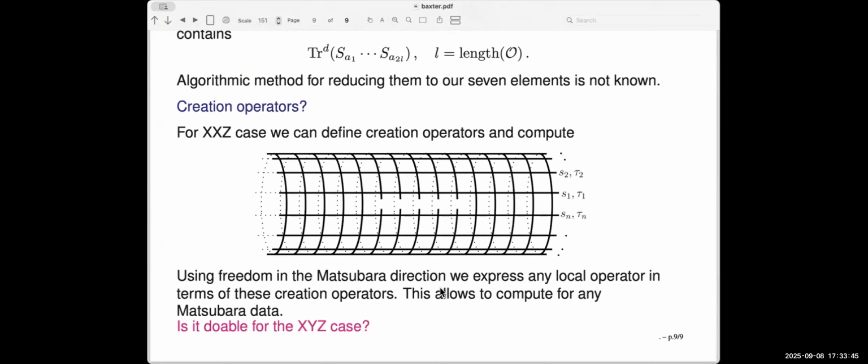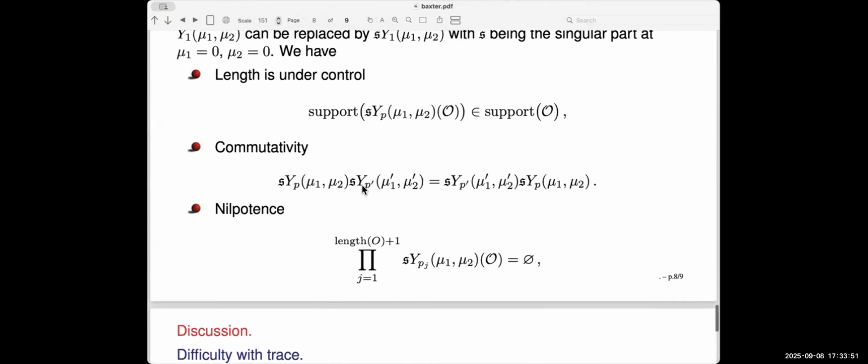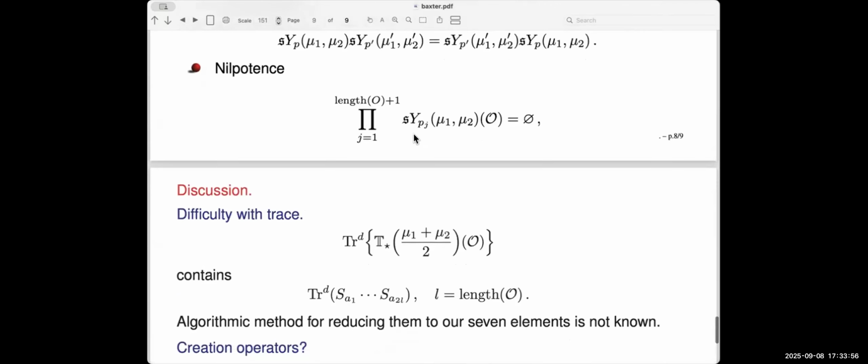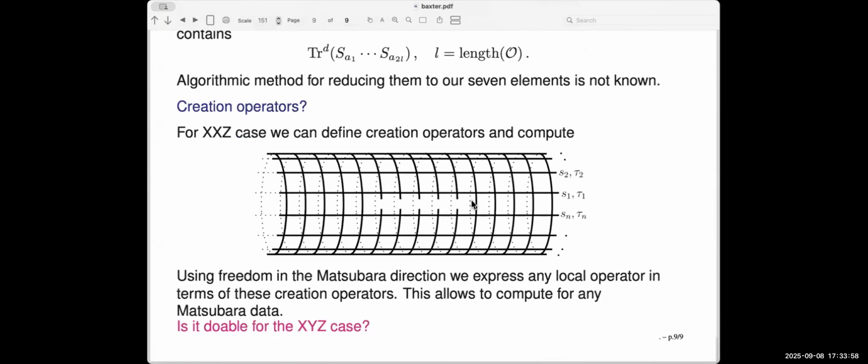But for the moment, it requires knowledge of creation operators, because these Y's, or SY's, are essentially annihilation operators for us.